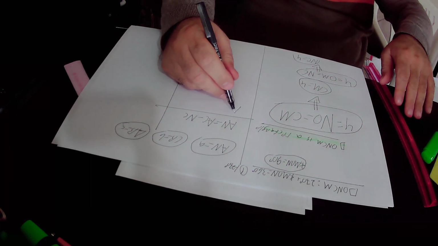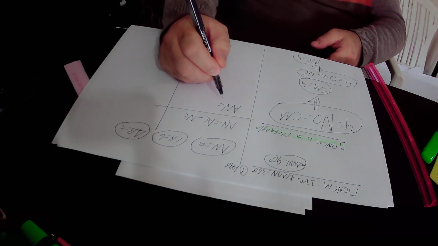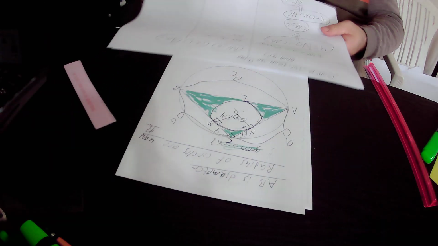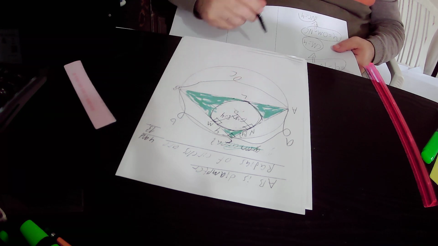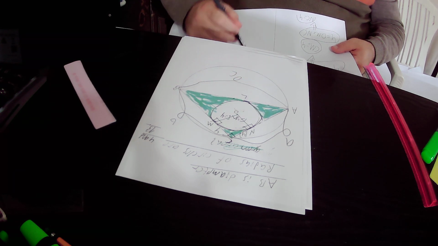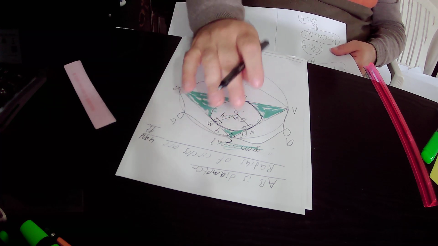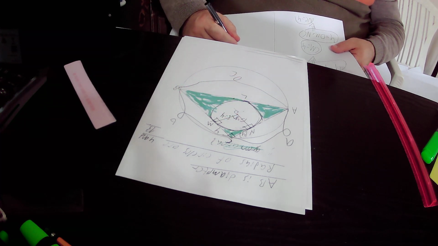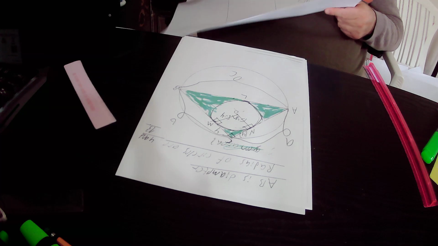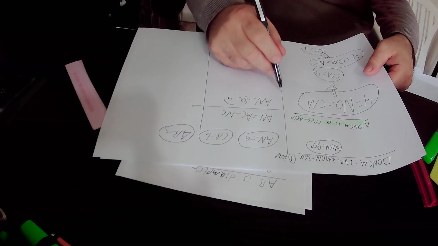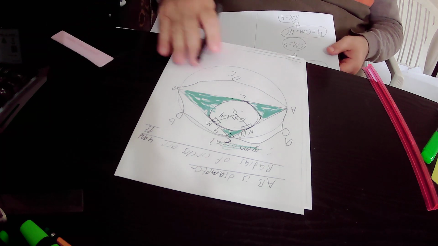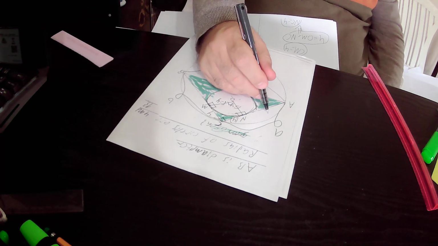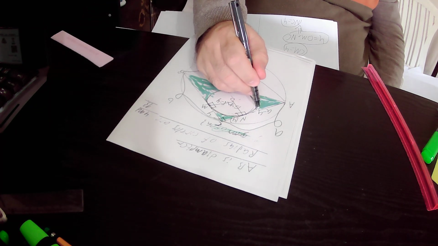So actually AN equals AC, which equals A according to our definition, minus NC, which equals 4 units according to what we have already found out. So in conclusion, AN equals A minus 4.